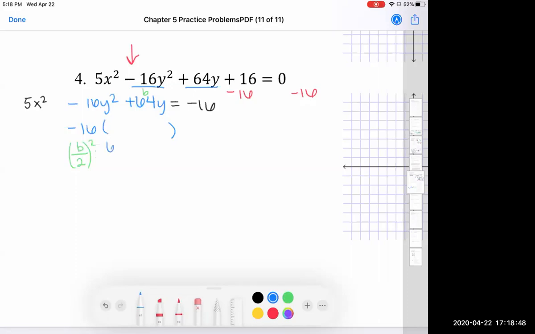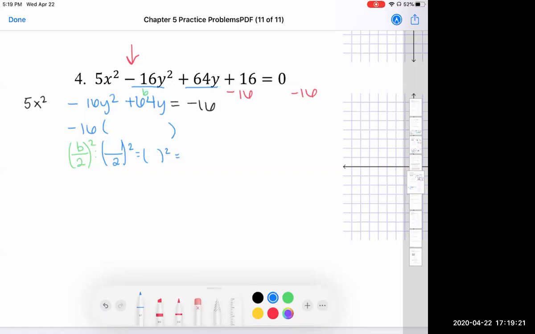So we have 64 divided by 2, and then we're going to square it. 64 divided by 2 gives us 32. And if we square it, that gives us, well, that's a really big number. All right. So we take, oh, I'm sorry. I got ahead of myself. That was a mistake.